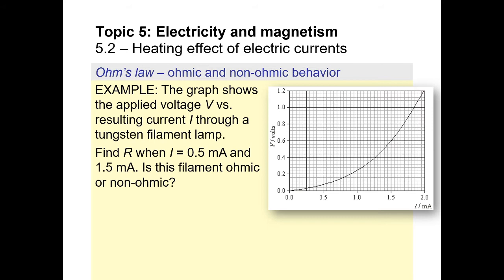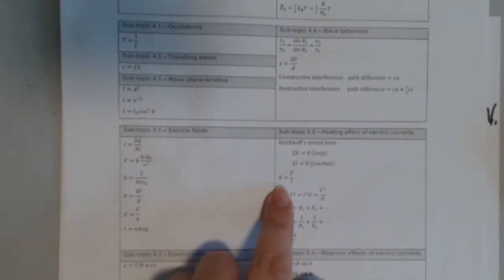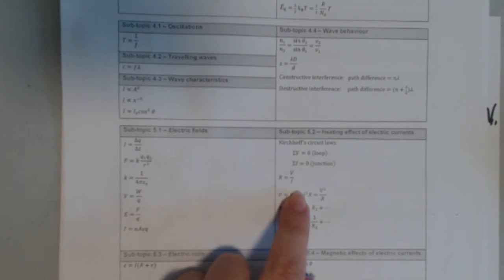It's non-ohmic. In order to find the resistance, all we have to really use is Ohm's law. Let me switch screens for just a second, then we'll come back to the slides. Remember on the formula sheet, I have R equals V divided by I. It's the ratio of voltage to current at that particular point to figure out what the resistance is.